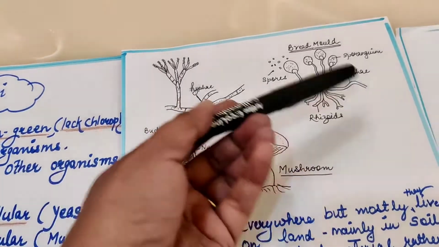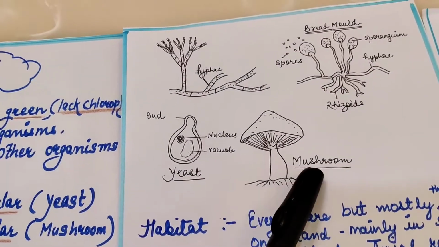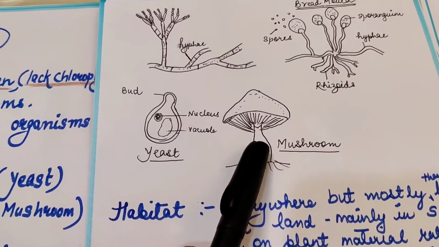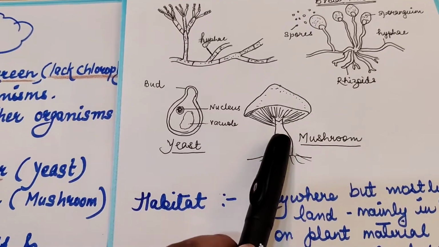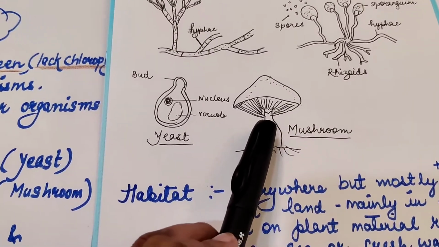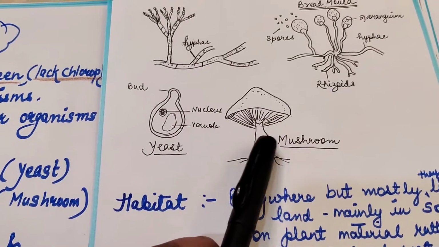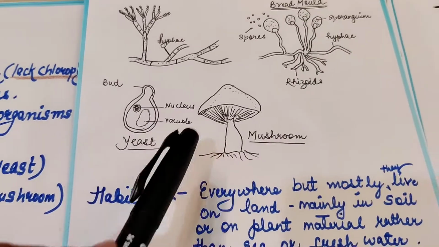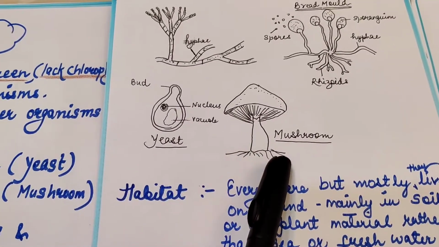I have drawn certain examples because a mushroom, everybody can draw it. Every mushroom is not edible. Make it very clear in your kitchen. Some mushrooms are edible, only a few species are edible, and the maximum are poisonous also. They have a saprophytic mode of nutrition. You have studied in class 7th that saprophyte means they derive their nutrition from dead and decaying organisms.